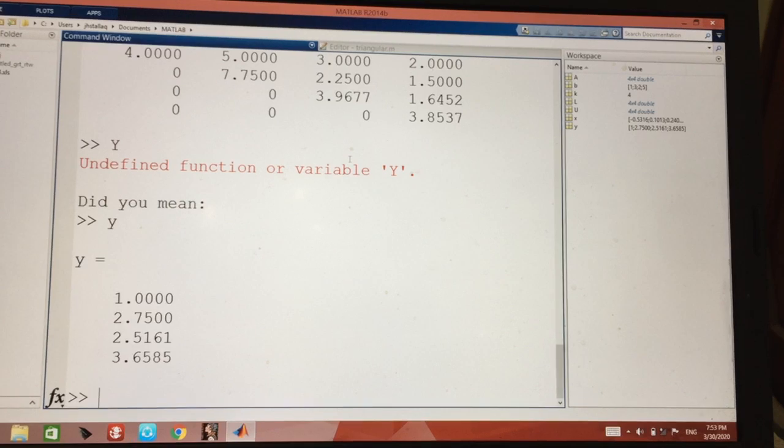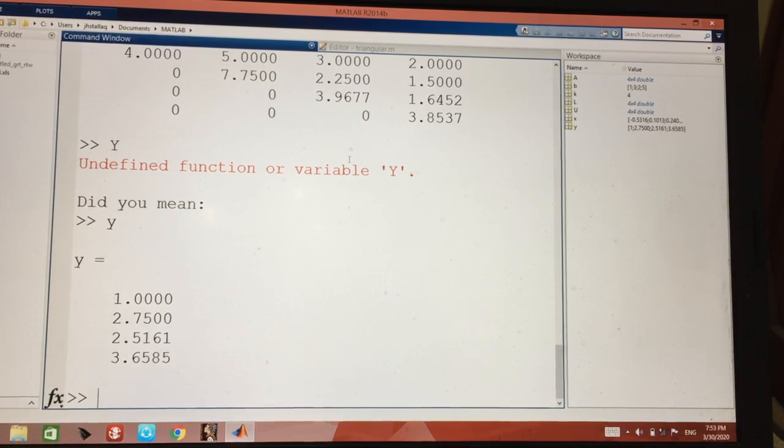And then we use forward substitution, that's correct, okay. Then, let me correct this one. Then we use U times X, and for this we use backward substitution, okay, to determine X.